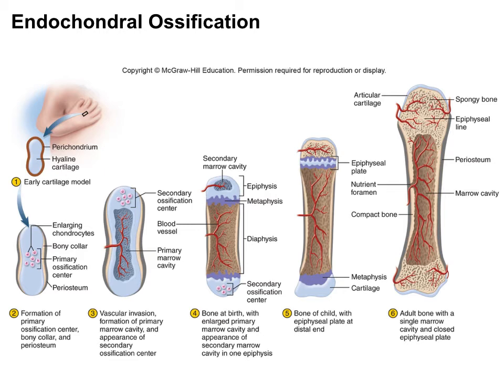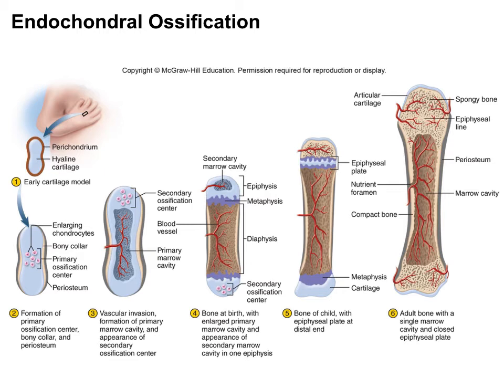All they did is maintain the matrix that was already there. Chondrocytes don't do that. Chondrocytes have the ability to make new matrix, and they have the ability to reproduce. So when you do interstitial growth, you're going to be using those chondrocytes to make your cartilage grow from the inside. And this particular type of growth causes bone lengthening to occur.